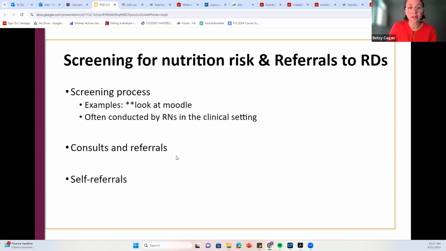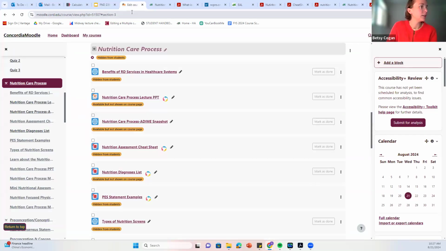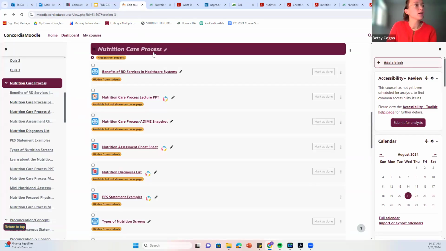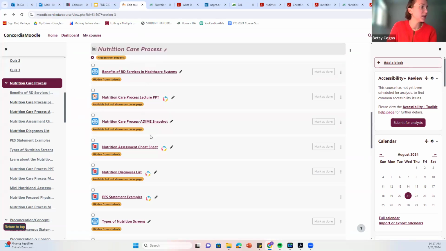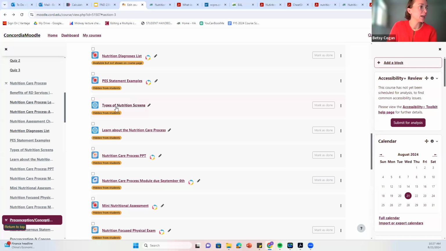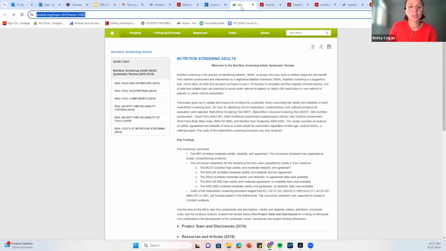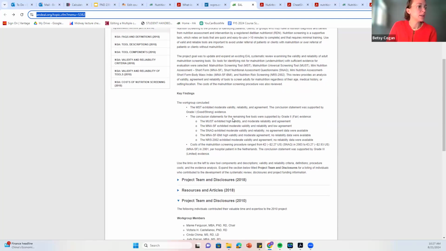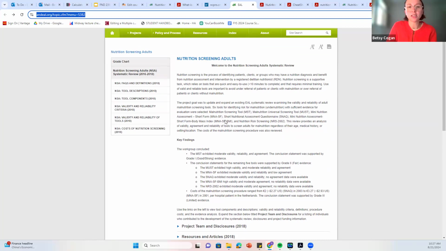So there are some examples in Moodle if you just follow my clicks, right? If we go to the Moodle page under nutrition care process, there are a couple different ones. So there's types of nutrition screens. If you click that, that brings you to the evidence library. And basically, right, this provides us with an overview of the different nutrition screens that are available.